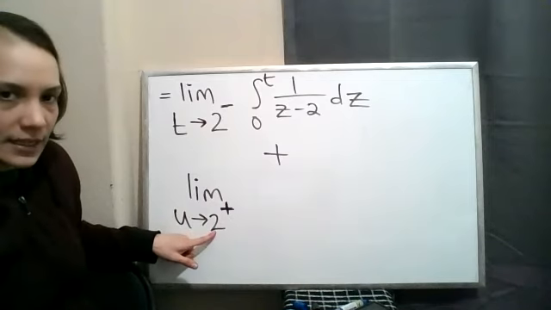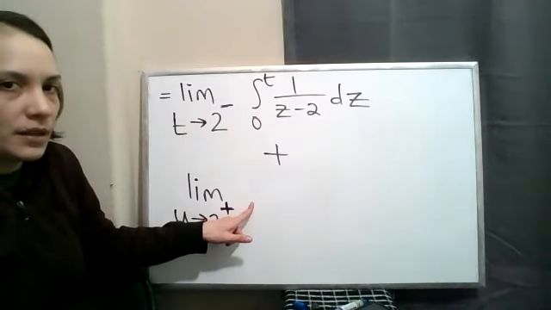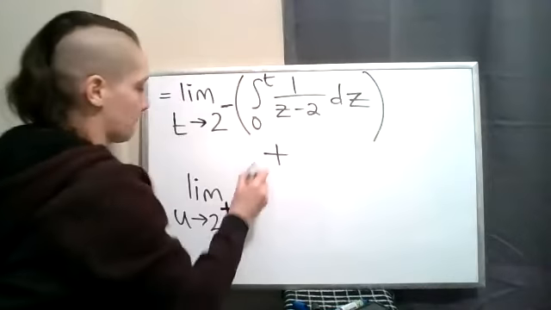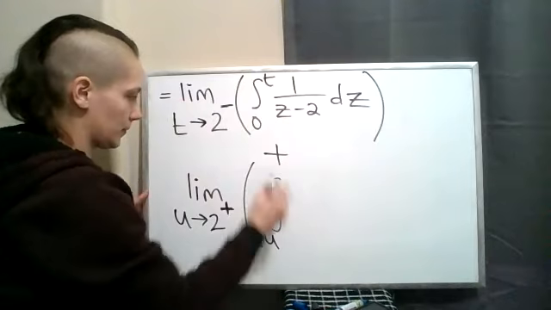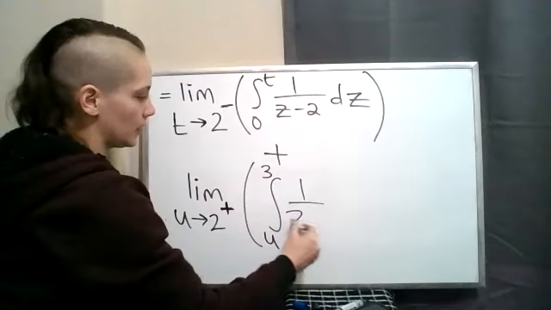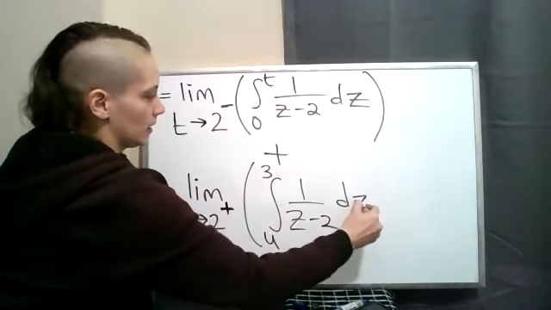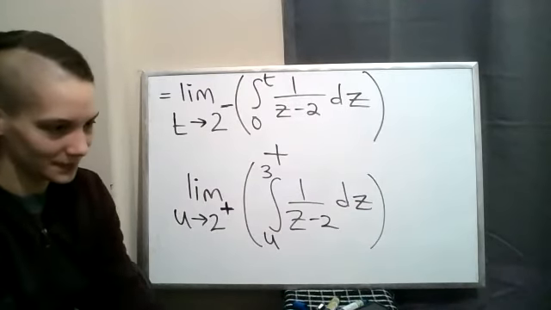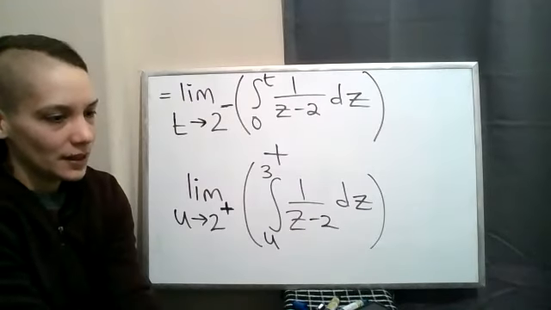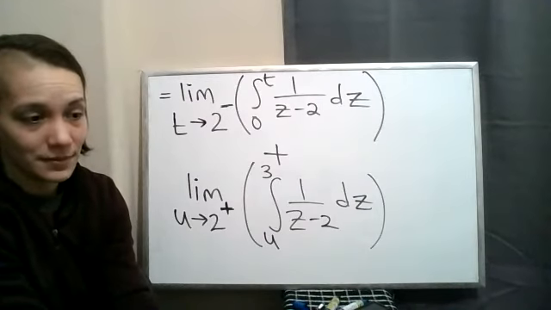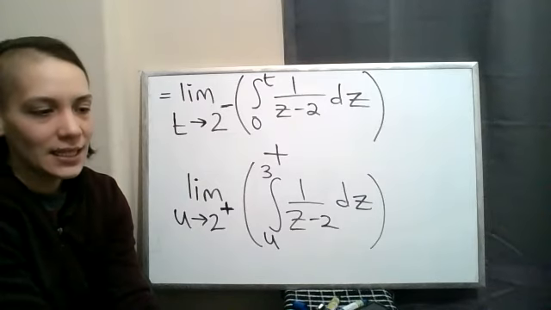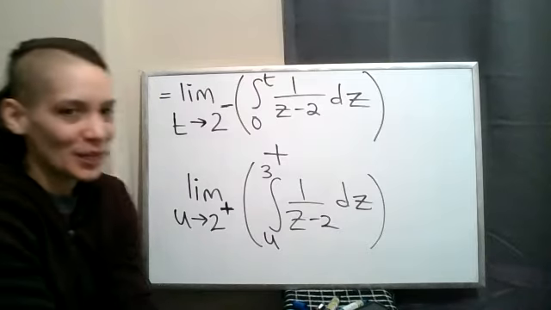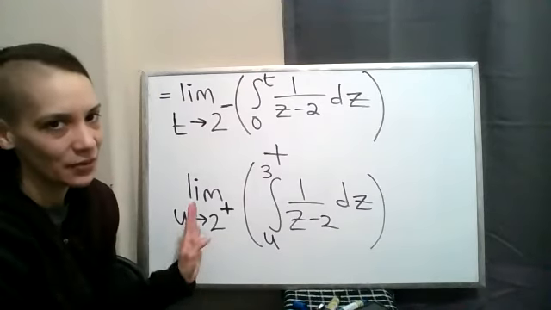So we approach 2 from the right of the integral from u to 3 of 1 over z minus 2 dz. I think we can make it all fit on the board. I'll give you a moment to write everything down, but then I kind of need to start fresh and do the next step.